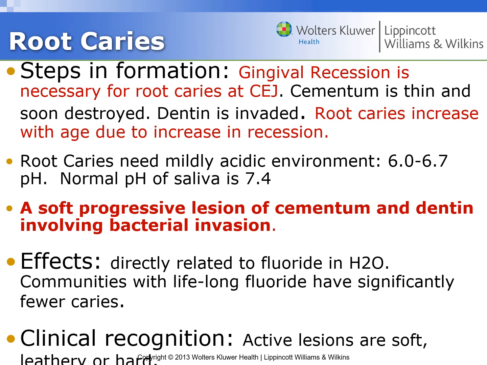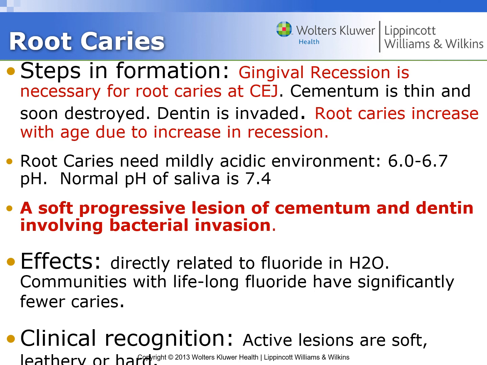Root caries need a mildly acidic environment. They need a 6.0 to 6.7 pH. Normal pH of saliva is 7.4, so it's a little acidic, but not hugely acidic. It's very mild, and that's all that the pH needs to be in order to get decay.